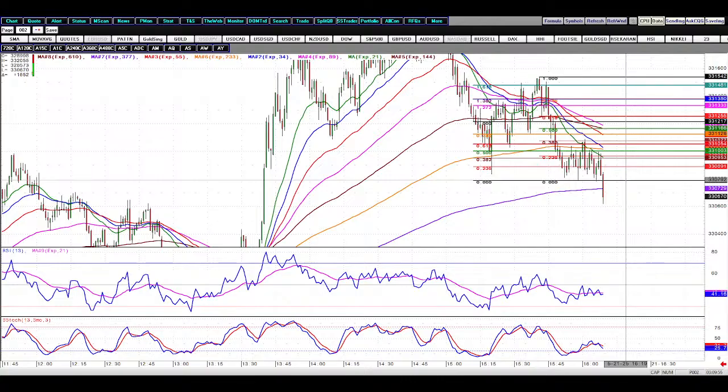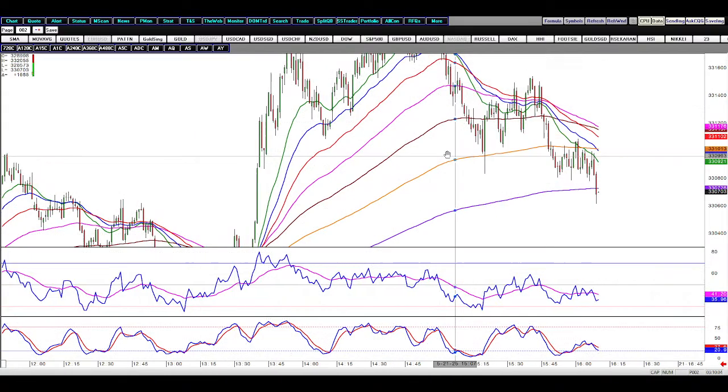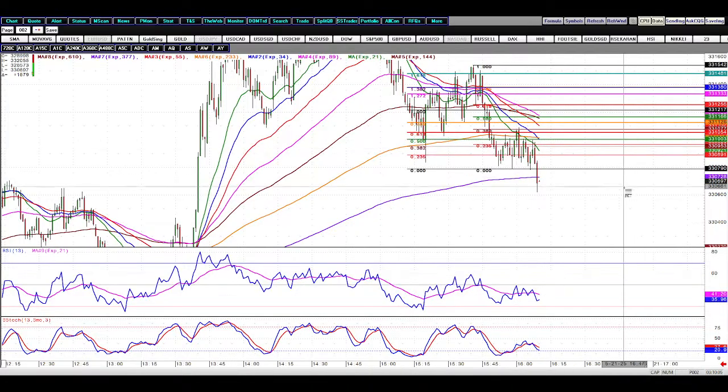Okay, let's do dollar yen first. I'm just going to tell you how you can manage this trade and what should be done. But before we move on, since gold has already broken the support, early on I revised my stop to 16 half. Now I want to revise it to 11 half.